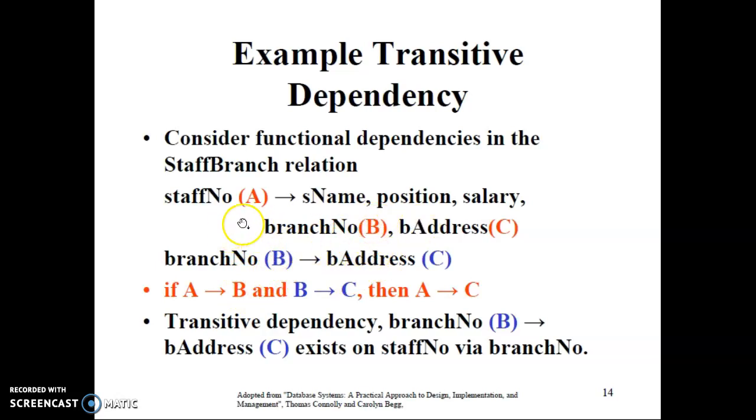This is in the form of A to B, B to C. So, B address is transitively dependent on staff number, that is, indirectly depending on staff number. If A to B and B to C, then A to C. That means C can be indirectly dependent on A. This form of dependency is called transitive dependency.